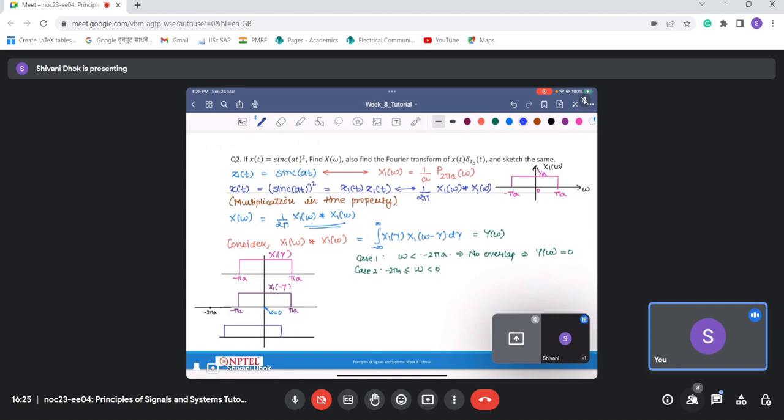This omega lies between minus 2 pi a and 0. So the region of overlap is this.